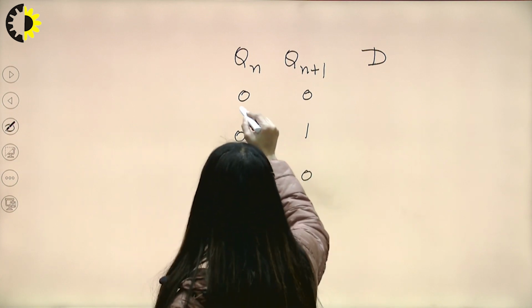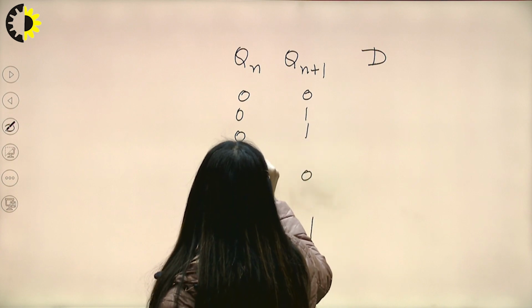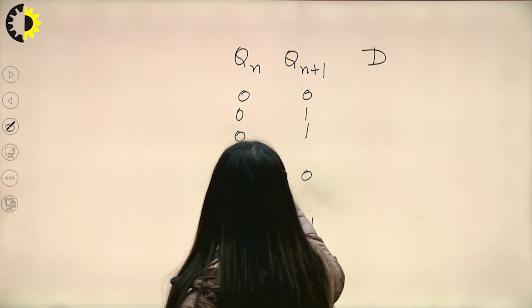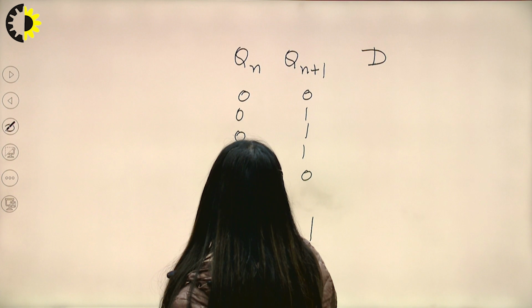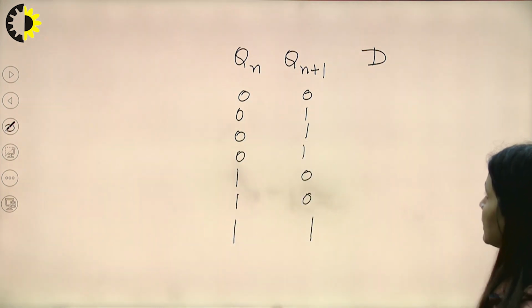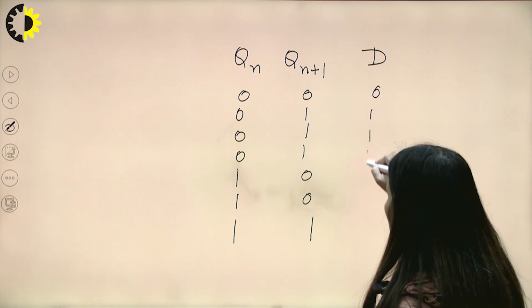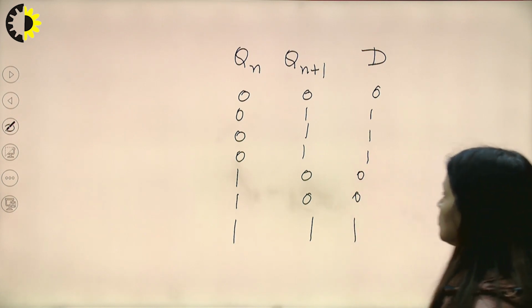We just need to repeat the entries also, because the SR flip-flop will have two inputs, and this is the same, as Qn plus 1 is equal to D in this case.